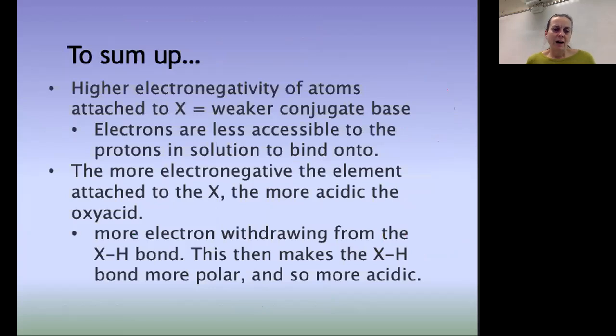So if we have higher electronegativity atoms attached to whatever, whether it's an oxygen or a carbon, we're going to have a weaker conjugate base because those electrons are less accessible for the protons in solution to bind onto. So that means it's not a very good base, which means that its conjugate acid is stronger.